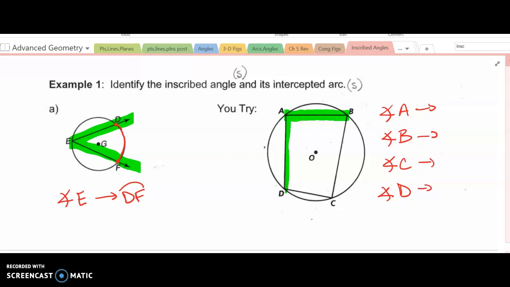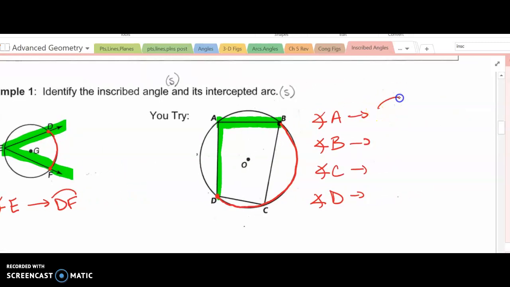What you want to do is be on the inside of that angle, follow it all the way out to the end, and where that angle crosses the circle, that's where you start, and you go all the way around to where the leg intersects the other side of the circle. So A's intercepted arc is possibly a major arc or a semicircle, so we need to be sure to use 3 letters. It would be D C B.